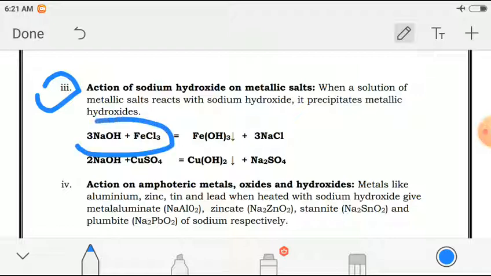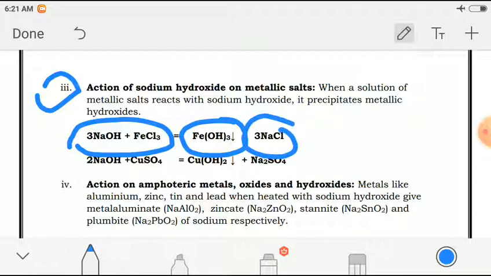Sodium hydroxide reacts with the ferric chloride, that is metallic salt. It will form ferric hydroxide and NaCl. This one will be the precipitate, metallic hydroxide. It will settle down at the bottom of the beaker.